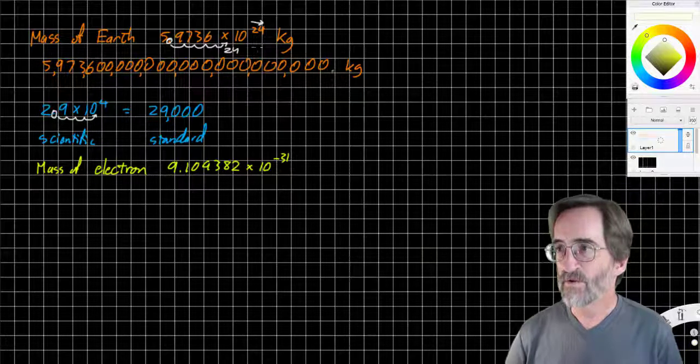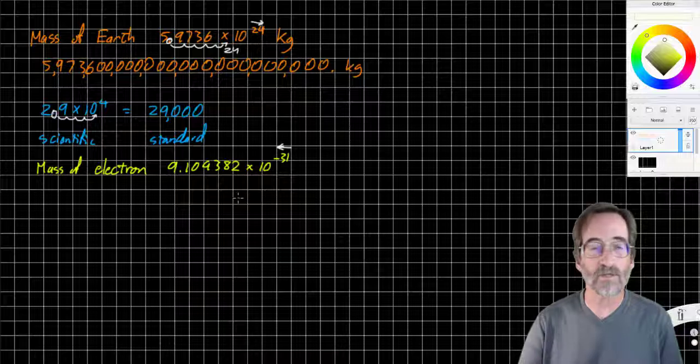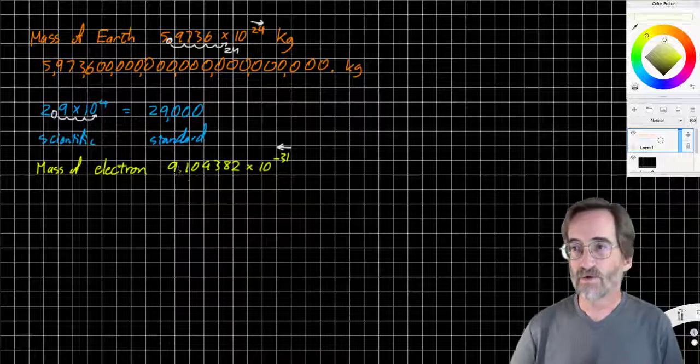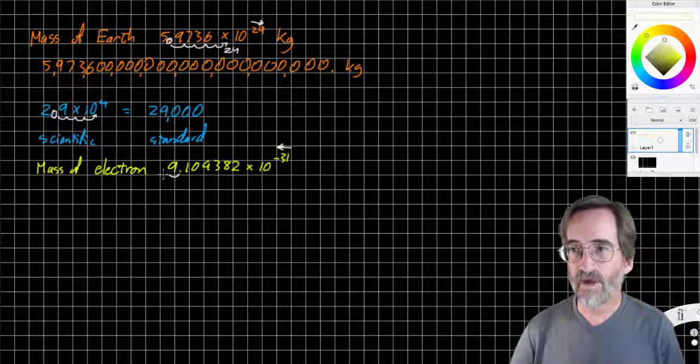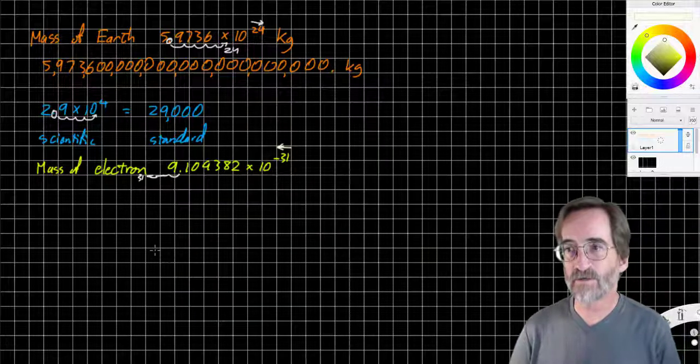Now notice this one has a negative exponent on it. So a negative exponent moves the decimal the opposite direction. It moves it to the left. Okay, so it's going to take one hop to get past the 9, and then it's going to hop 31 times to the left.